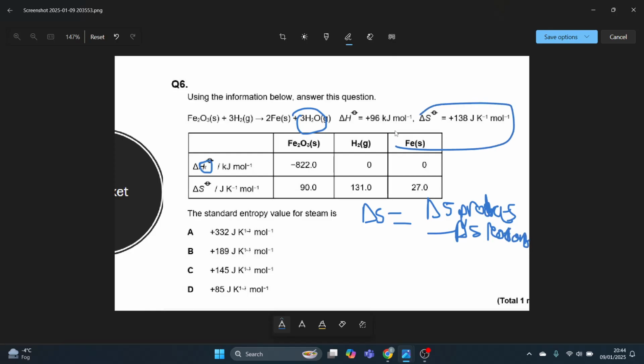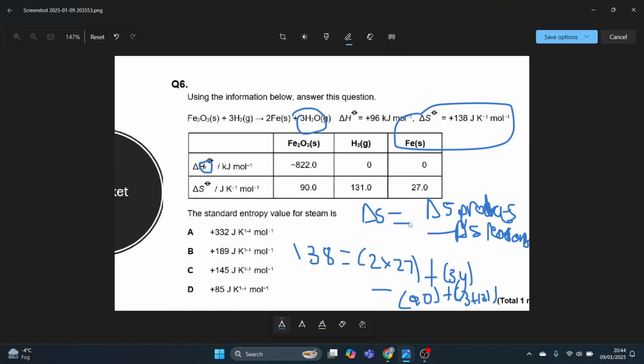It gives me the entropy change, 138. Entropy of products, 2Fe, so 2 times 27, plus 3 H2O, 3y, let H2O equal y, minus entropy of reactants, 90 plus 3 times 131. Rearrange it, find 3y, divide by 3, and you'll get the standard entropy value for steam.